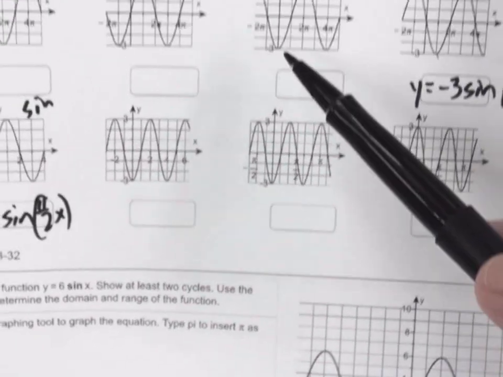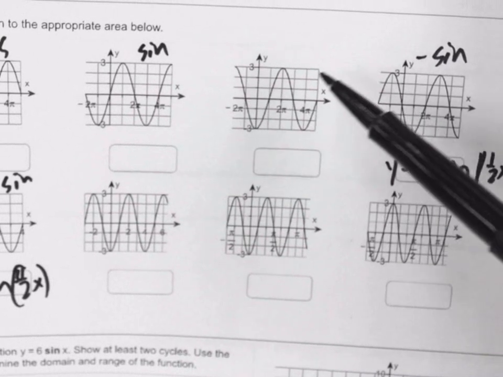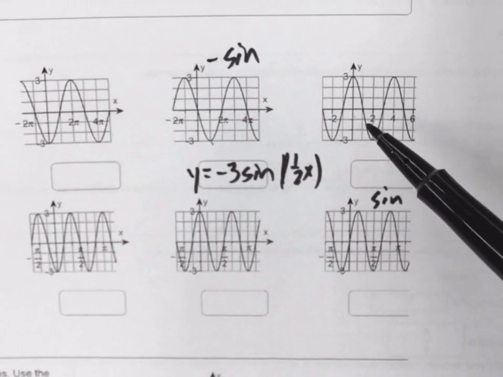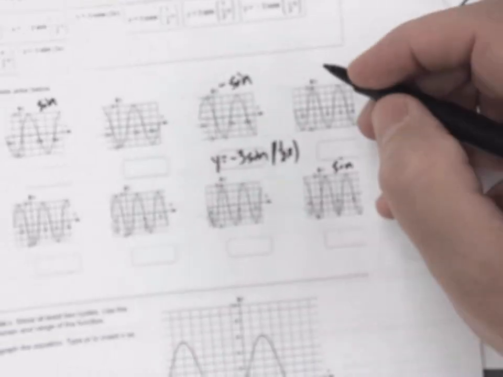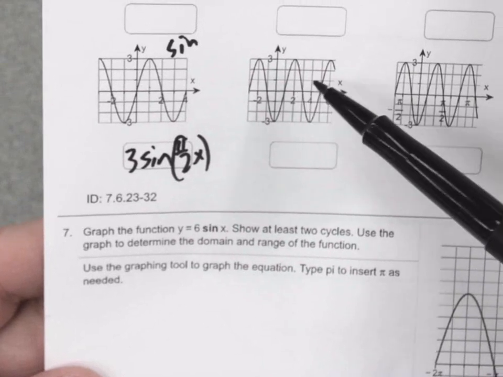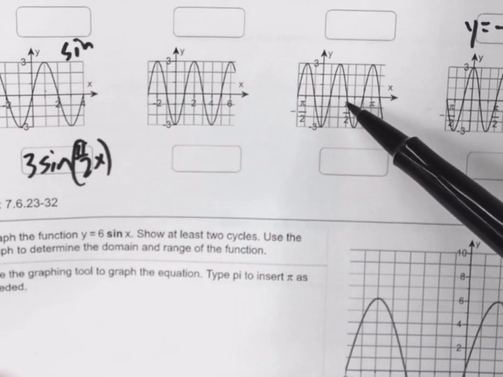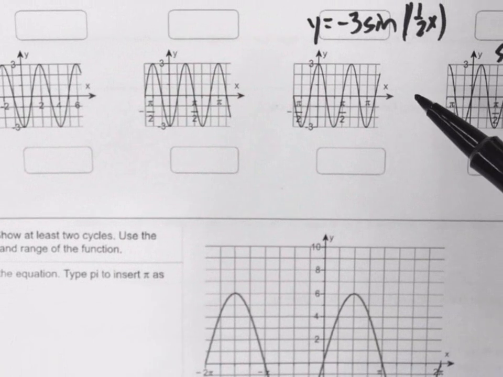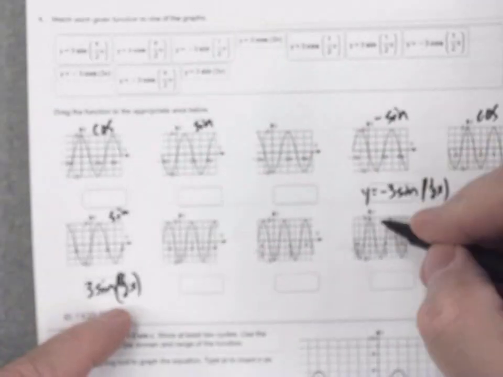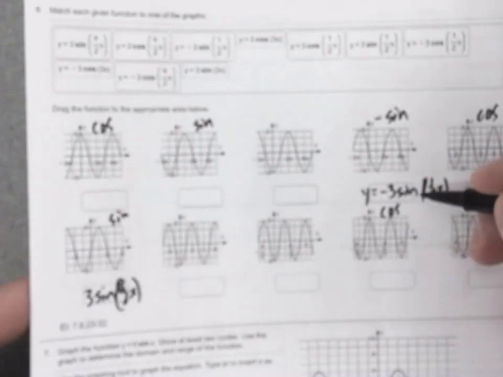This is a negative cosine. Positive cosine, right, because it goes high. Negative cosine, positive cosine. Looks like there are 3 positive cosines.